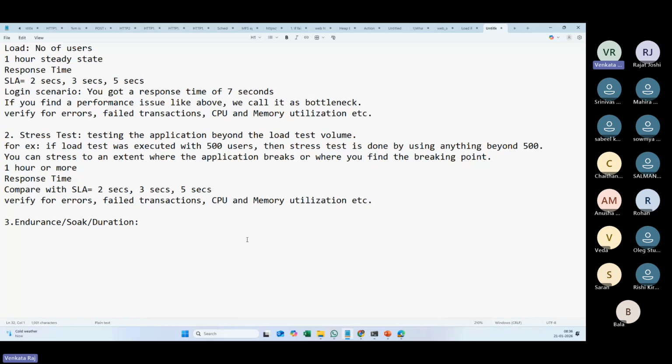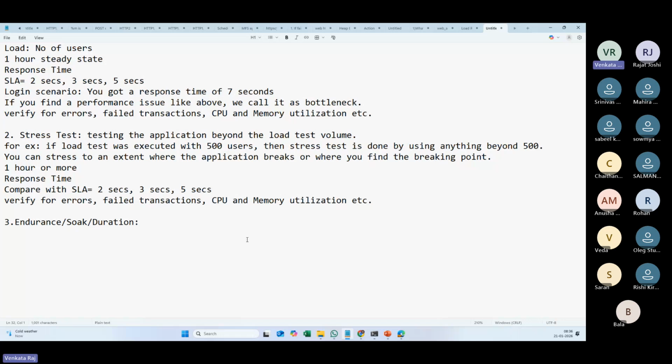Now when it reaches 100%, obviously the server will not respond, and most probably it will auto restart. The servers placed in cloud locations like AWS or Azure or wherever it is have a feature to auto restart whenever these kinds of issues occur.